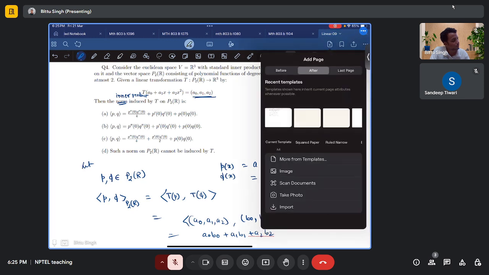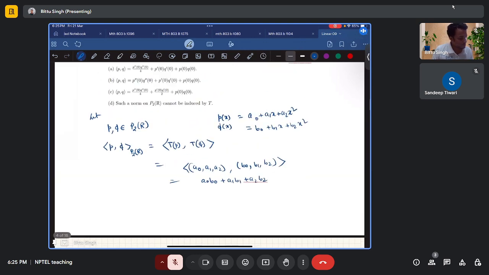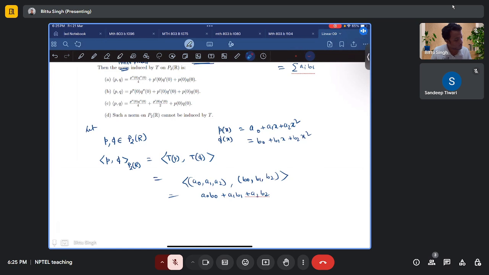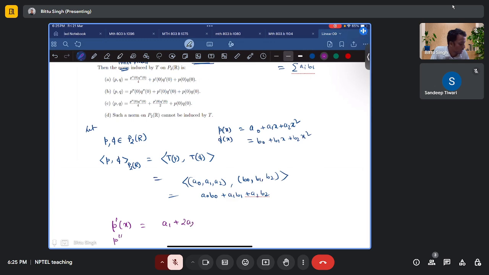And now we need to express this in terms of p, that is, in terms of the derivative and double derivative. We can see that p dash x, the first derivative, is a1 plus 2a2x, and p double dash x is 2a2.